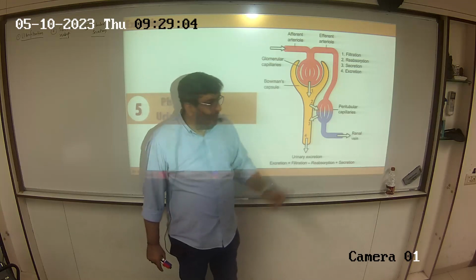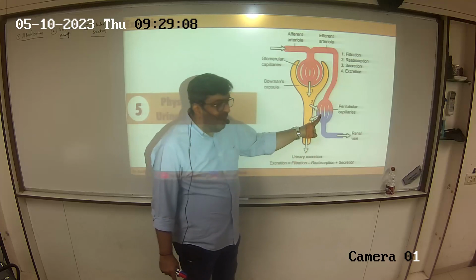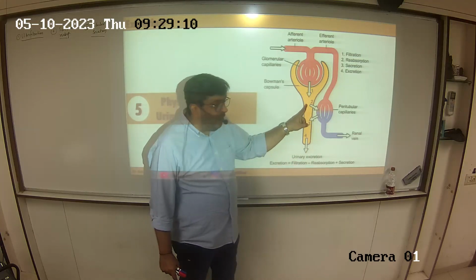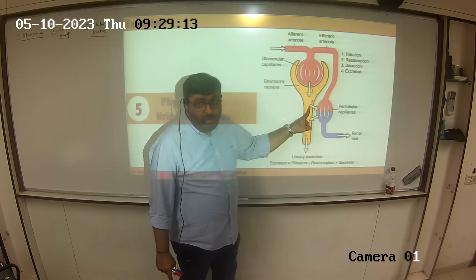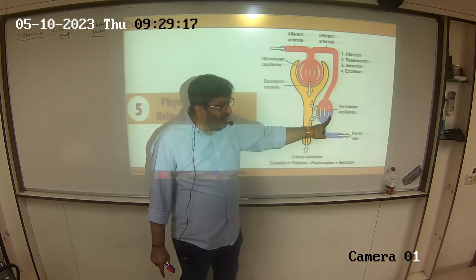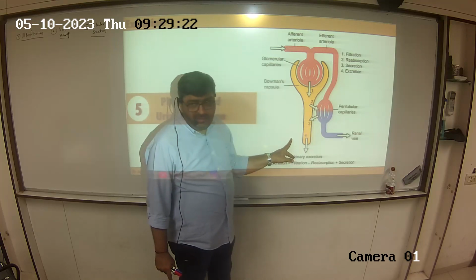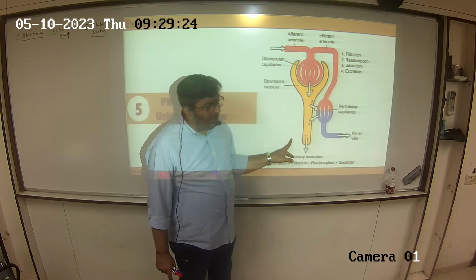See, the direction of flow is very important. When reabsorption is happening, that flow is from tubule to capillary. And when it is tubular secretion, it is from capillary to tubule. Clear, please?